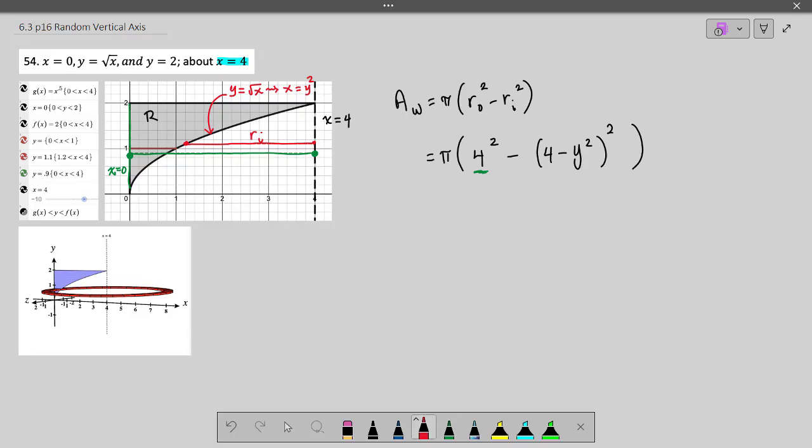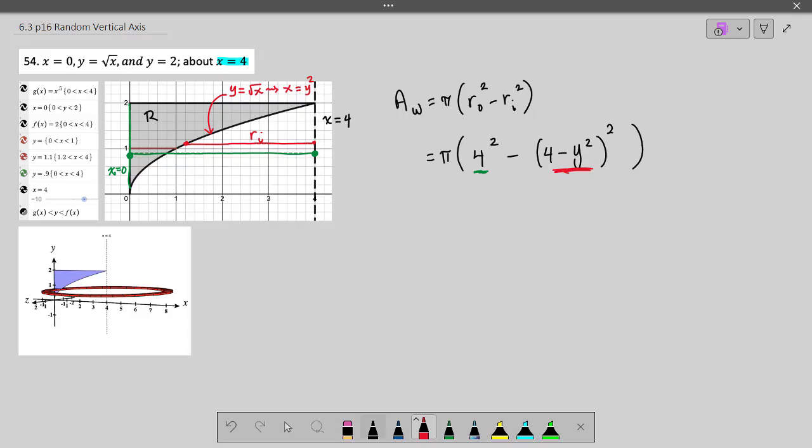This is red. So the green is always the whole distance all the way across, which is the distance between two vertical lines. So it's the right x minus the left x, 4 minus 0. The red is also from the vertical right side, which is 4, but the left curve is changing, right? And so that's why we have to use the function value, because it's changing.